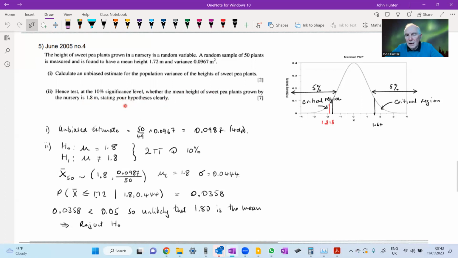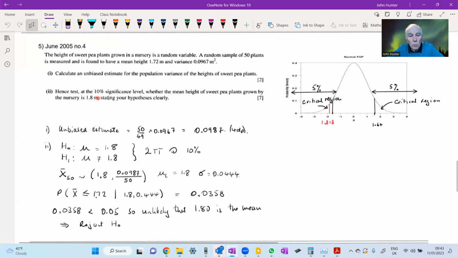Okay. So, to be honest, this is where the hypothesis test does get a little bit tricky in the way that some of these questions are written. The implication here is that this is what we're testing against, a mean of 1.8, fine.